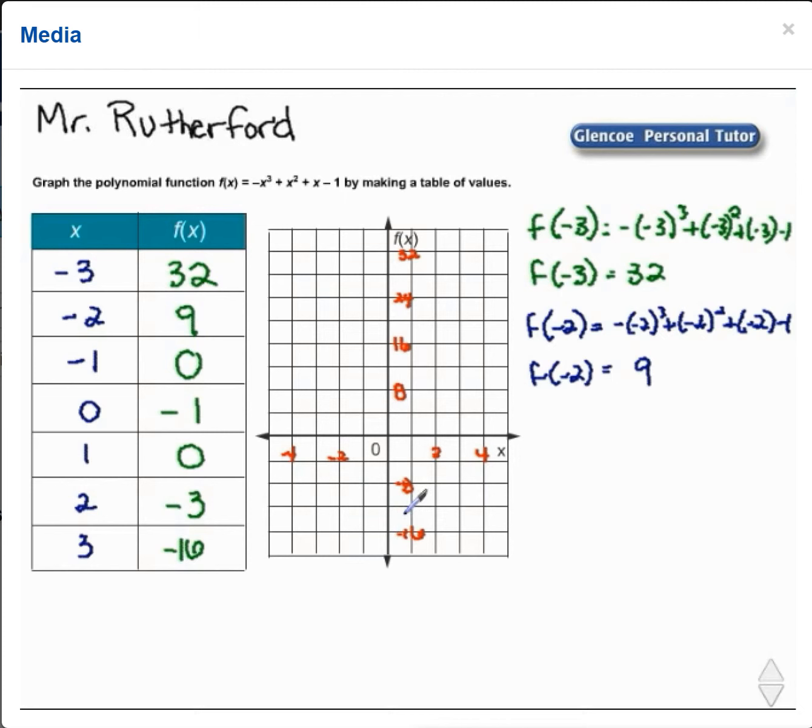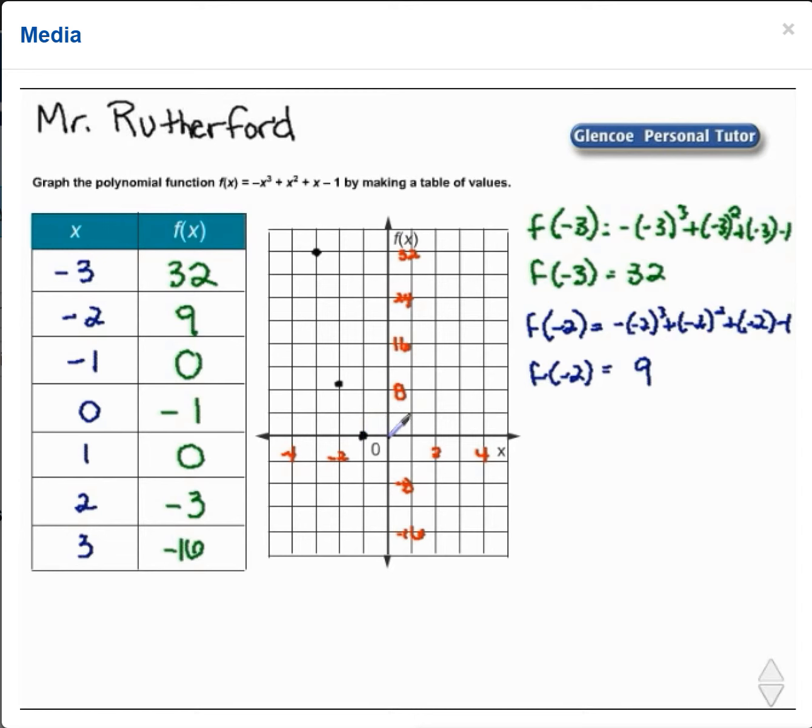So let's plot these points. First we have negative 3, 32. So left 3 units and up 32. Then negative 2, 9. 9 is going to be between 8 and 12, but closer to 8. Then we have negative 1, 0, which will be on the x-axis.